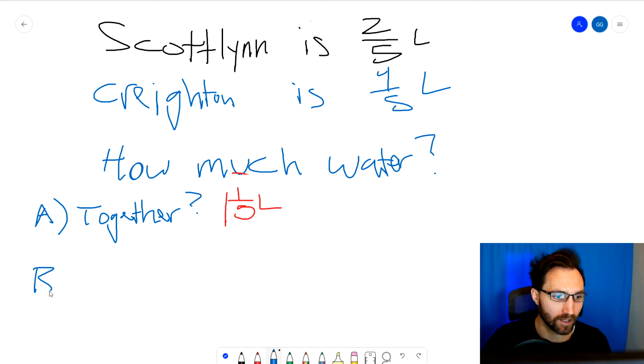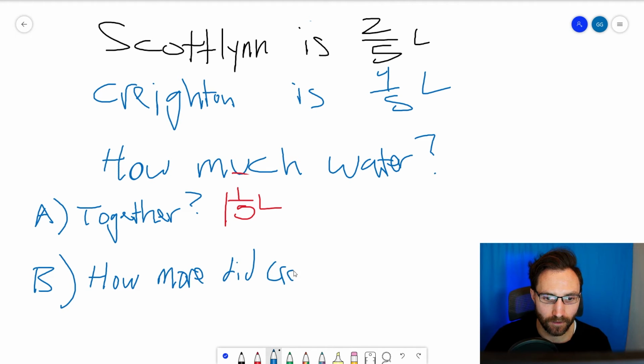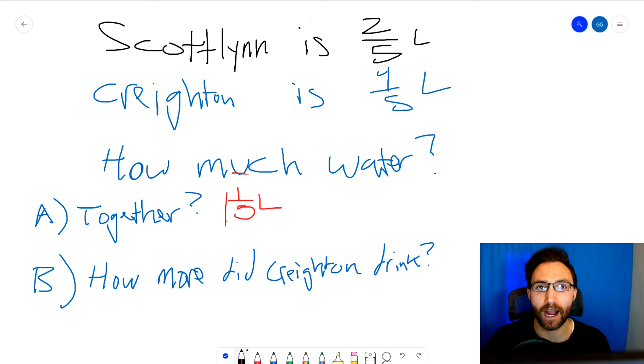Now, let's answer the next question, which is, how much more did Creighton drink? What do you think we need to do? If we're trying to figure out how much more Creighton drank than Scotland, how do we find the difference between the two? Well, those that are saying it probably got it. 4/5 minus 2/5.